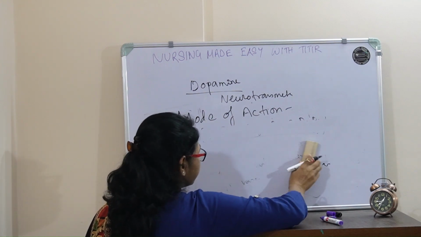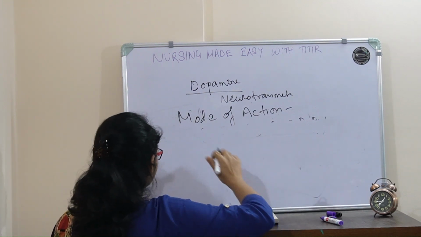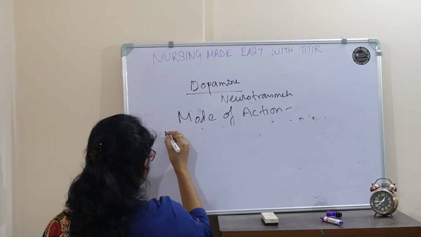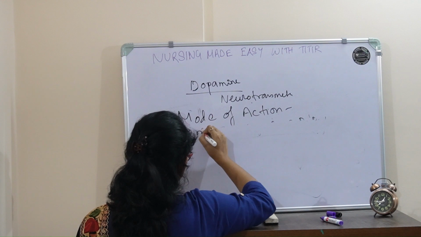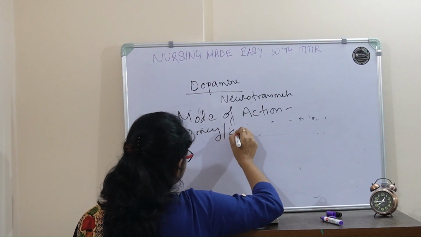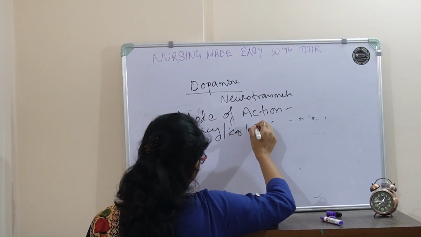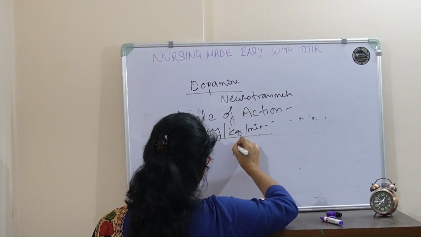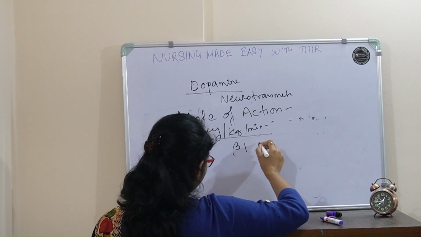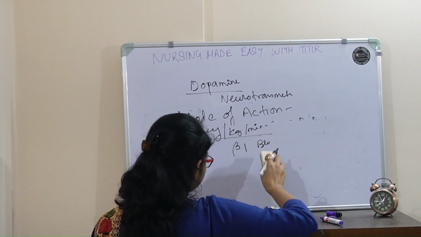There will be a moderate dose also. Now we are increasing the dose from 5 to 10 mcg per kg per minute. At this dose, there will be a very mild effect on the alpha adrenergic receptor.